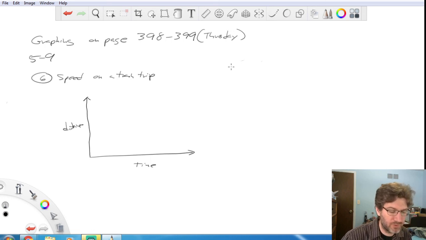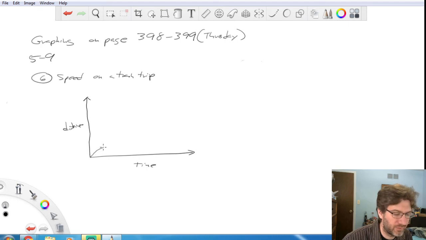And I mean, there might be some variations to it. Right? So what's going to happen for a train trip is you're going to start off and you're going to board the train, and your speed's not going to be anything. You're not going to go anywhere. As time goes on, you're going to get further away.